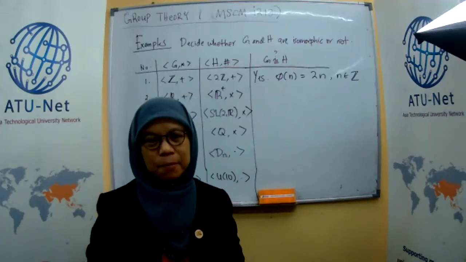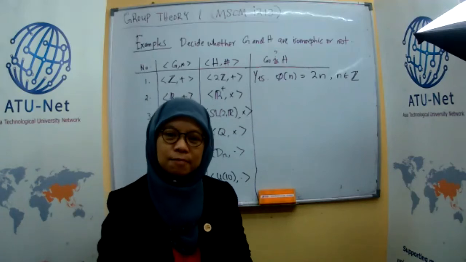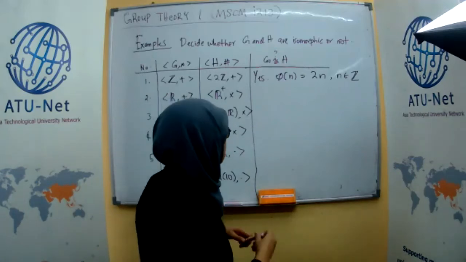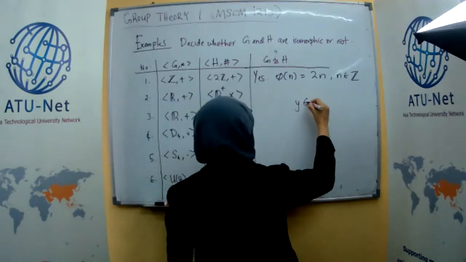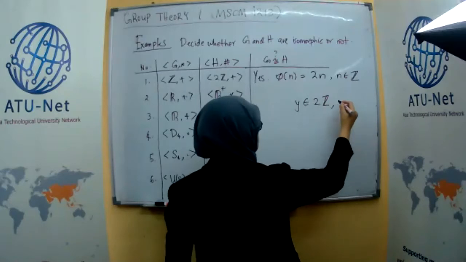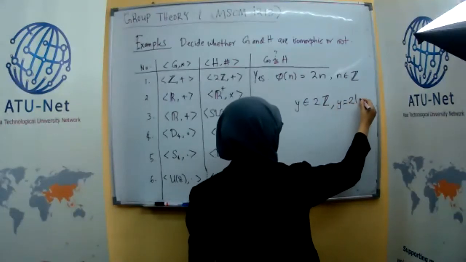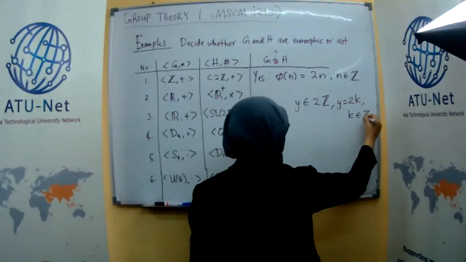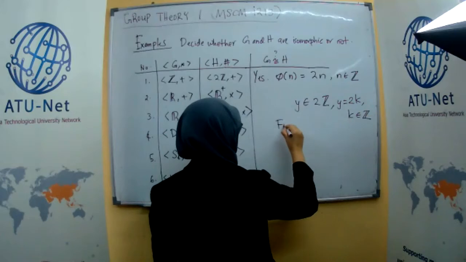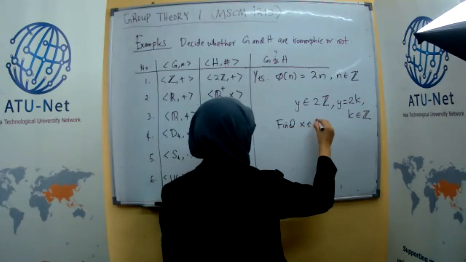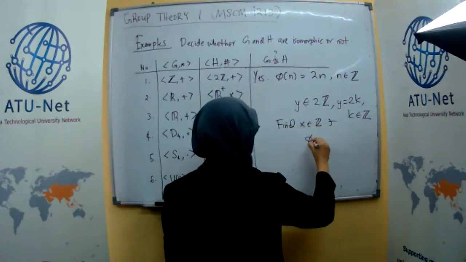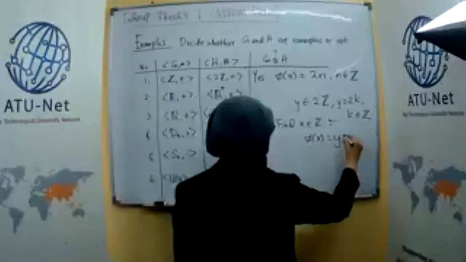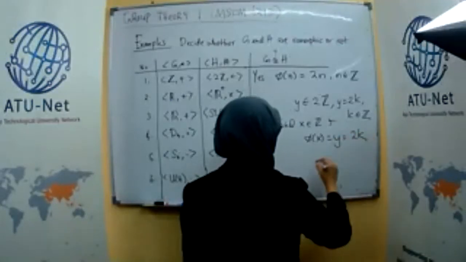All right. The onto one, you take any y in 2Z, so y is equal to 2k, k in Z. So find x in Z such that phi x is y, which is 2k.